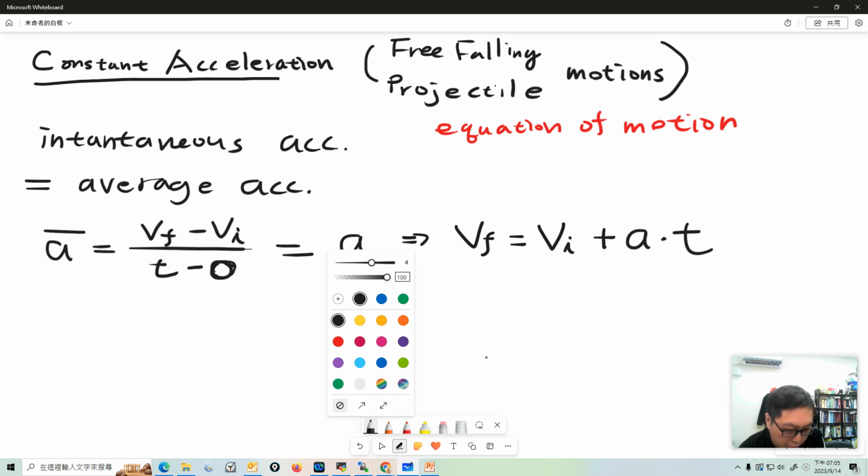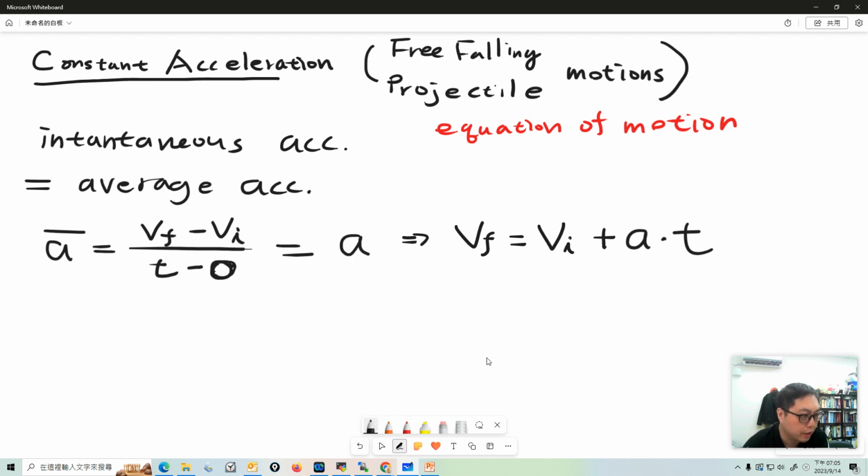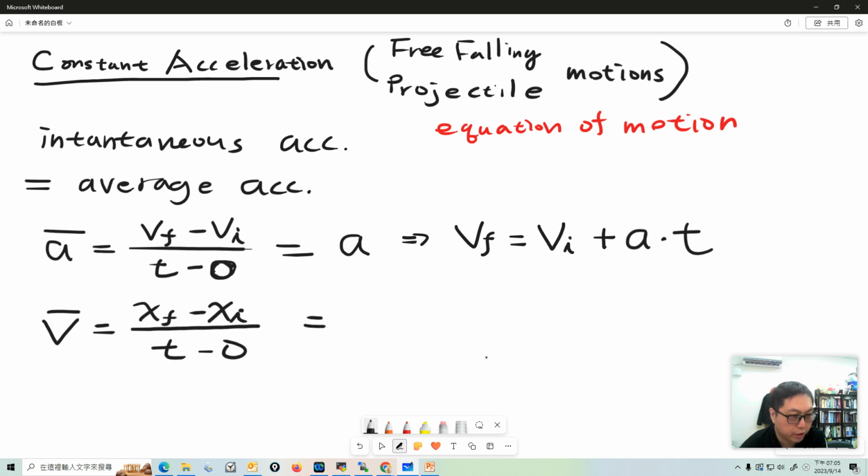The next thing is the average velocity. Let's write the average velocity: final position minus initial position, divided by, with the same setup, t minus 0. Then we will get the equation: final position equals initial position plus average velocity times t.